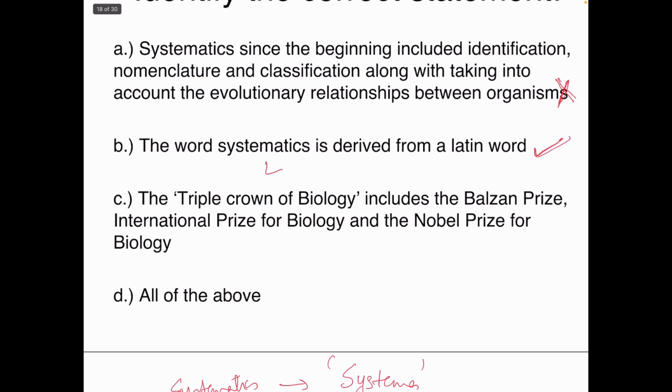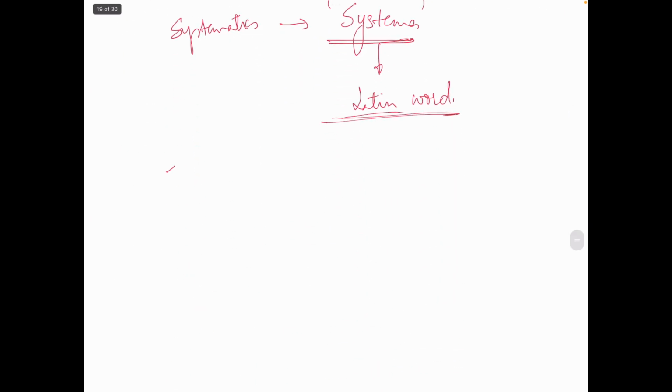What about the third statement? We discussed earlier in this video about Ernst Mayr sir, that he had won the triple crown of biology, and we also discussed what the triple crown of biology includes. Let's look at it again.